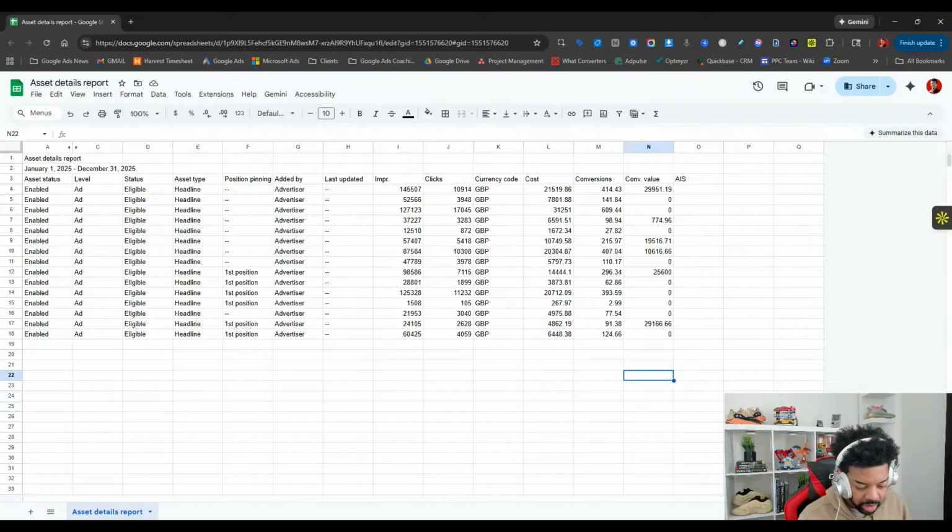Let's see. Fazil is saying, why am I getting no conversions? Depends. Do you have conversion tracking set up correctly? If you have conversion tracking set up correctly, that would be the first part I would tackle. Are you tracking for phone calls or forms?